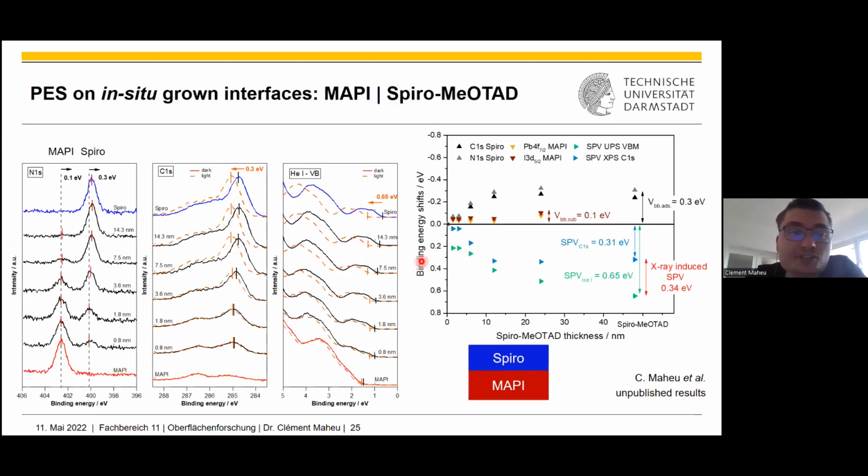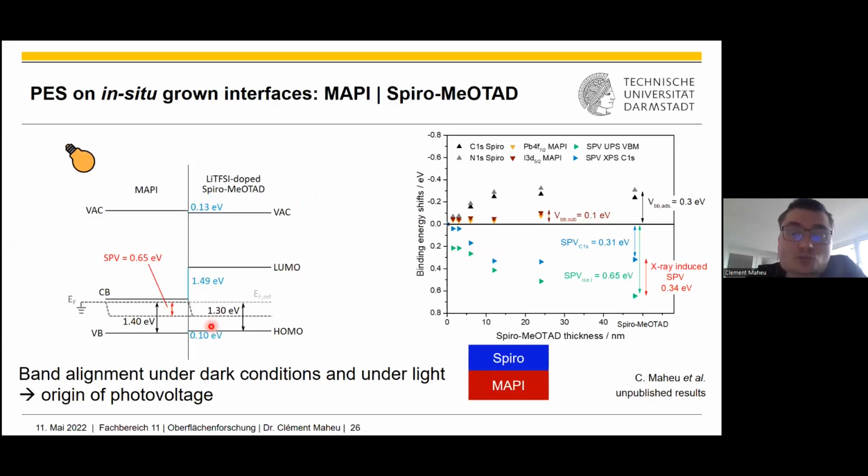And you can see here that I observe a photovoltage with XPS of 0.3 and a higher one during UPS. But that also gives me some band diagram under light, and that shows me where the photovoltage comes from inside my material.